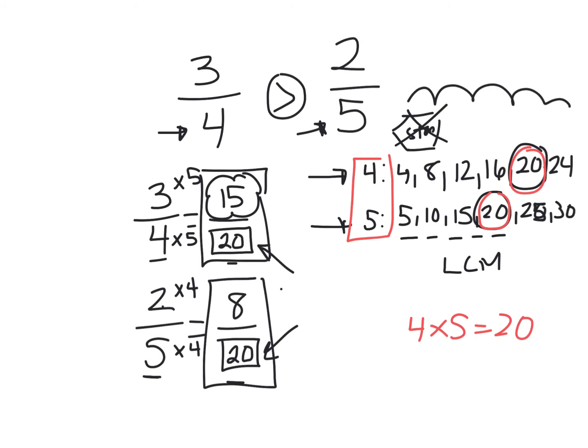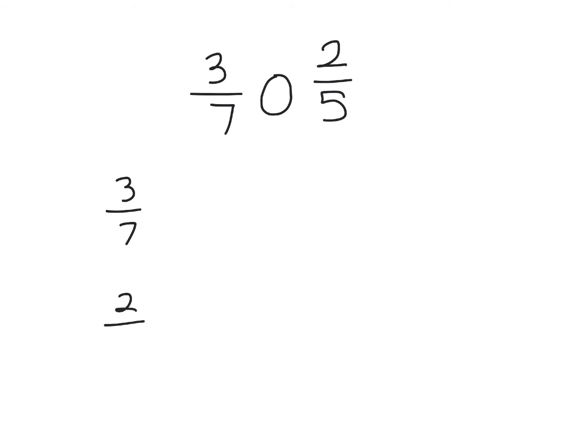You might also notice this time we'll take 3/7 and we will compare it to 2/5. I'm going to write these vertically over here to help me to remember. Okay, I'm going to find another fraction that they're equivalent to that has a common denominator.